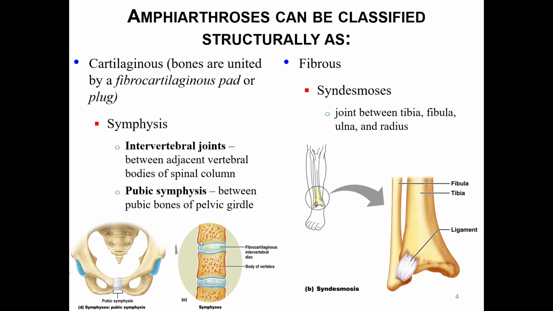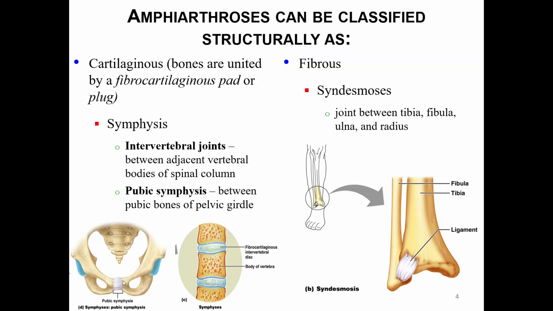Okay. Both of these locations, we do need just a little bit of wiggle room here. Okay. So we know that collectively our vertebral column has a little bit of movement because we can bend forward and we can bend back, things like that. We do need to have a little bit of movement here, just a little bit.